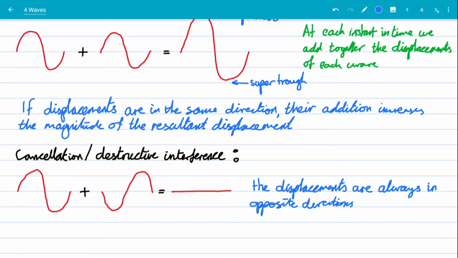So the magnitude of resultant displacement is lower. So let's say their addition decreases.